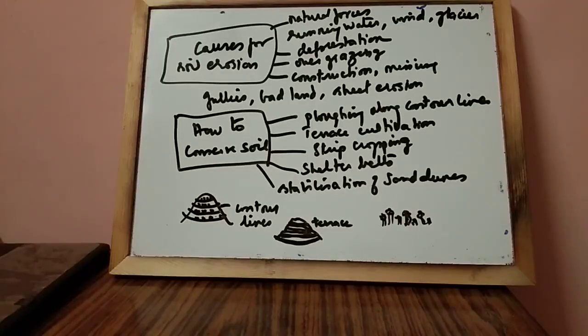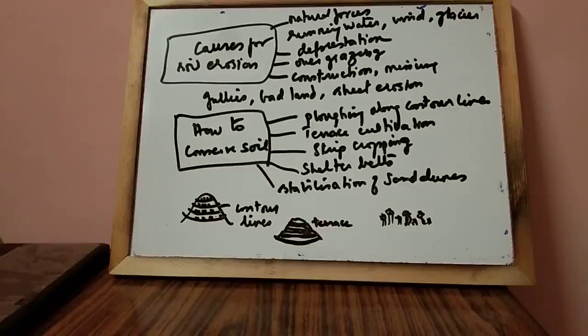Then you find running water. How is running water responsible for soil erosion? When running water flows on the rocks, it cuts and erodes the rocks and makes deep cuts. Those deep cuts form deep channels. The water flows through them.